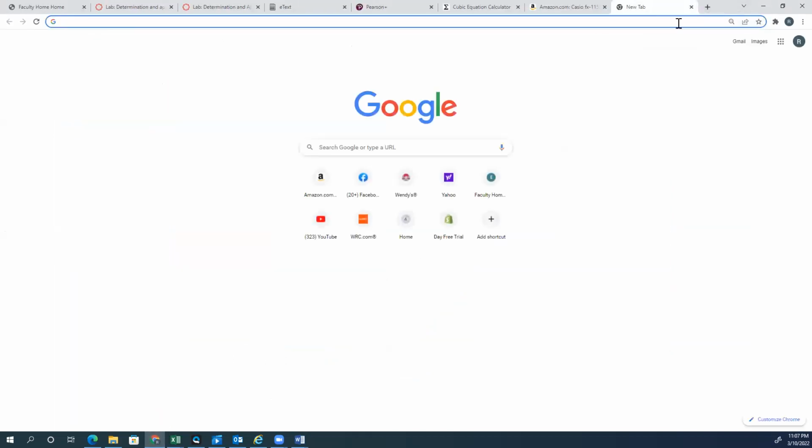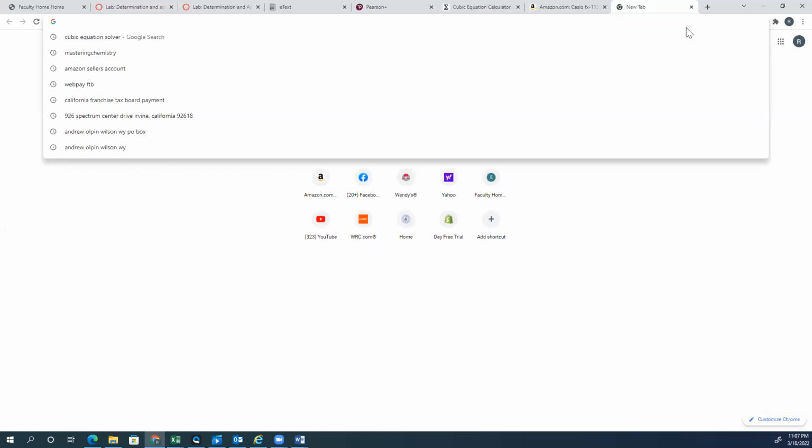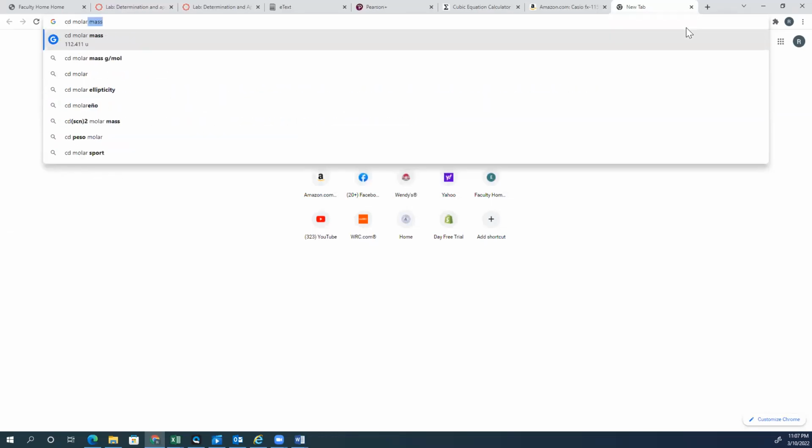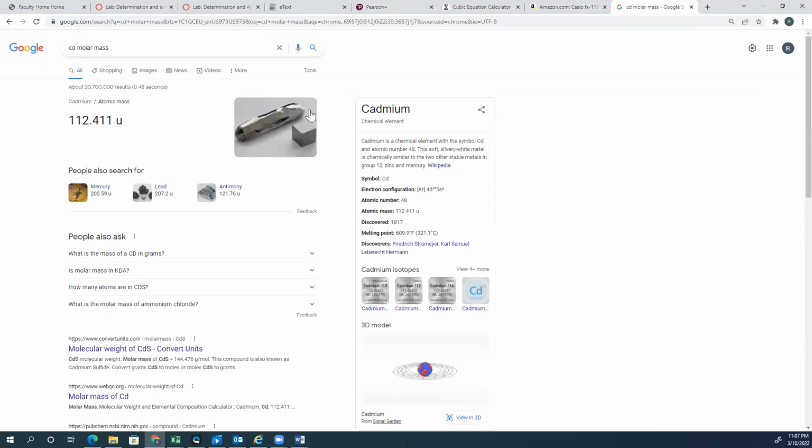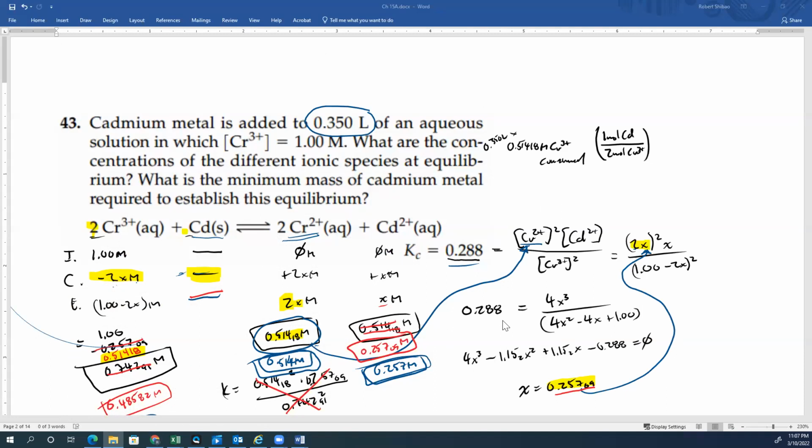Unless, do you know what the molar mass of cadmium is? 112.411. There are some molar masses I have memorized, but not cadmium.